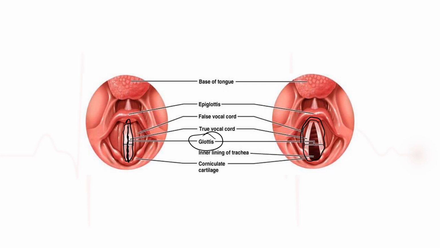The glottis is, again, anatomically made up of the two vocal cords, what are called true vocal cords, plus the opening that exists in the center. Sometimes that opening is open, and sometimes that opening is closed. Again, the vocal cords can kind of function like a door. They can either open up or they can close, and they also have the ability to flap and make sound ultimately, which is what we think about as somebody's voice.